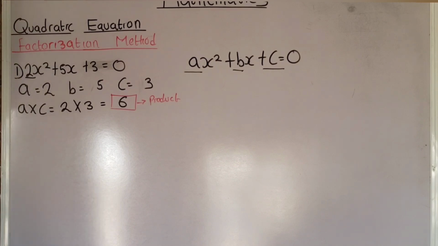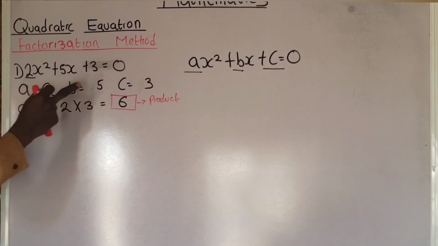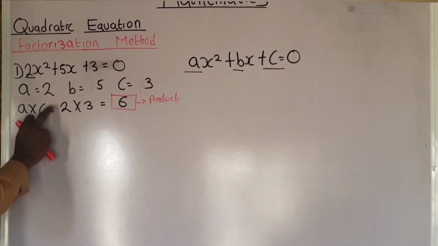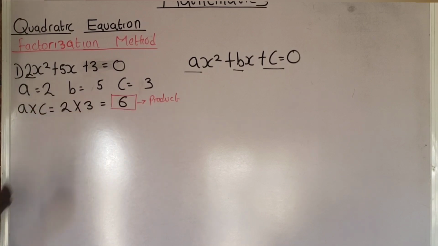The first step in solving a quadratic equation where A is not unity is to take the product of the first term and the constant term. The first term is A and the constant term is C. A in this quadratic equation is 2 and C is 3. So I take the product, which is 2 and 3, and I got 6.